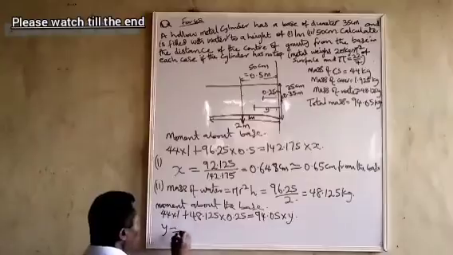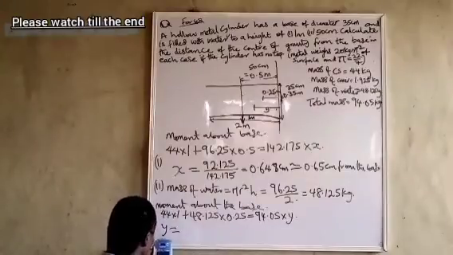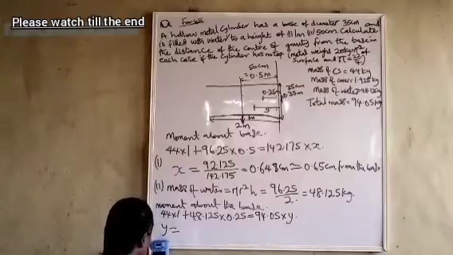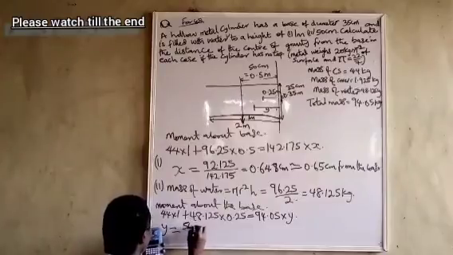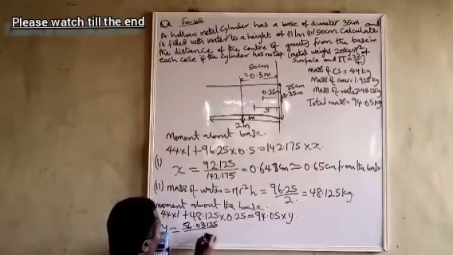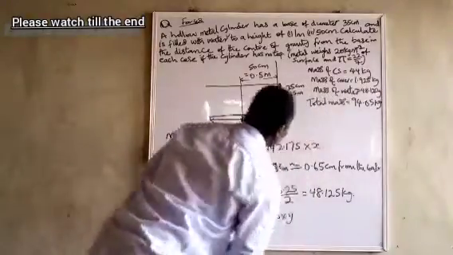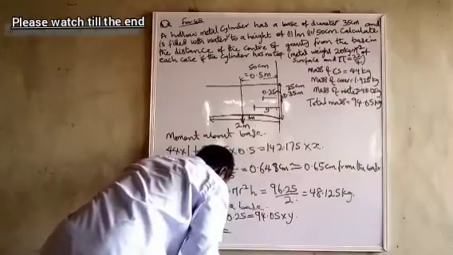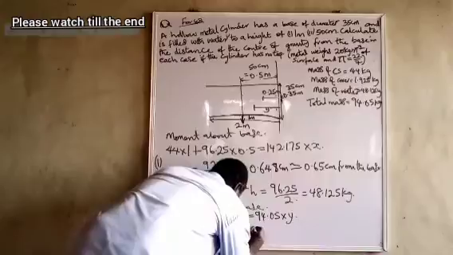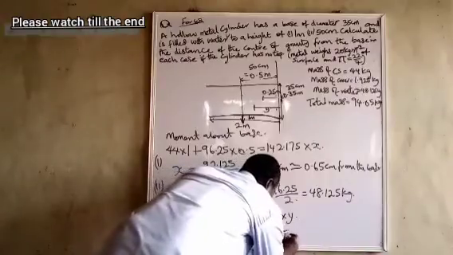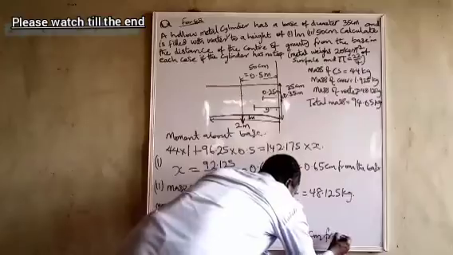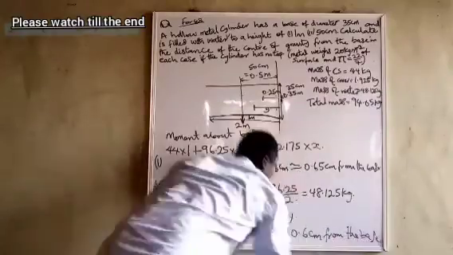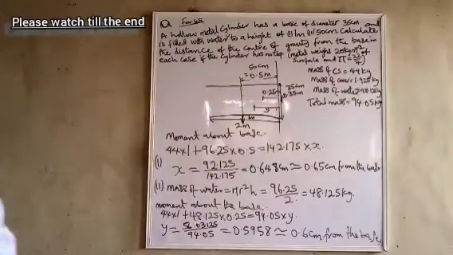So y will be equal to 44 plus 56.03125 divided by 94.05, and that will be equal to 0.5958, approximately 0.6 centimeter from the base. So this one does not really need much explanation since we have done something similar in the initial stage previously.